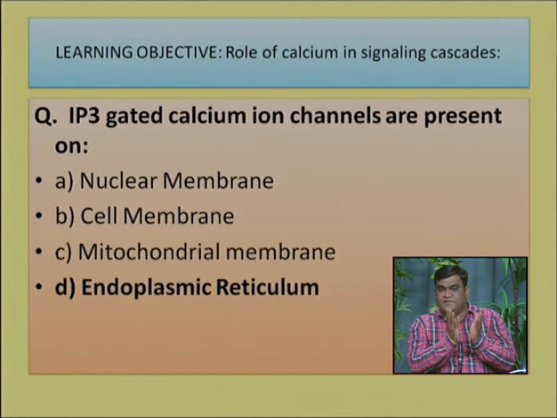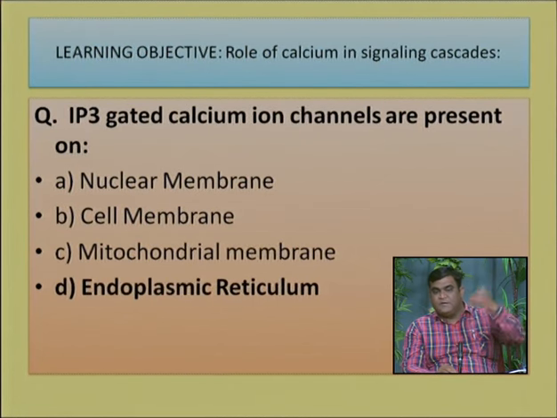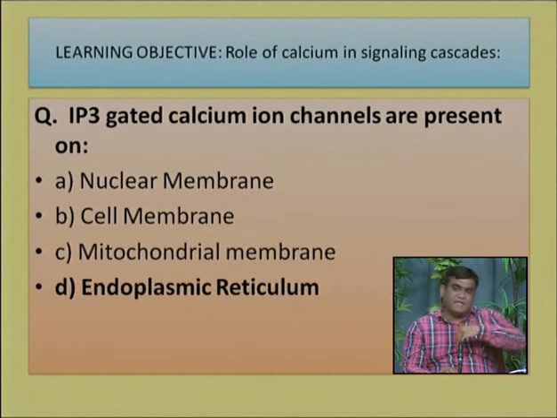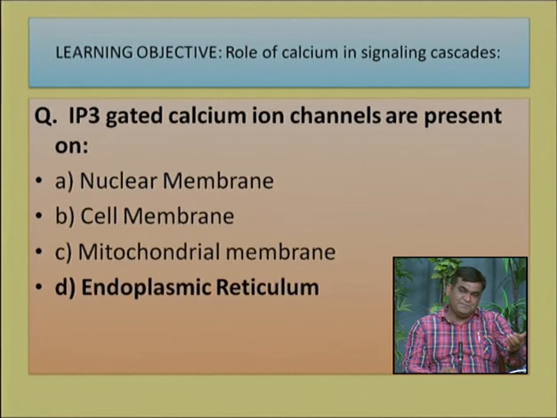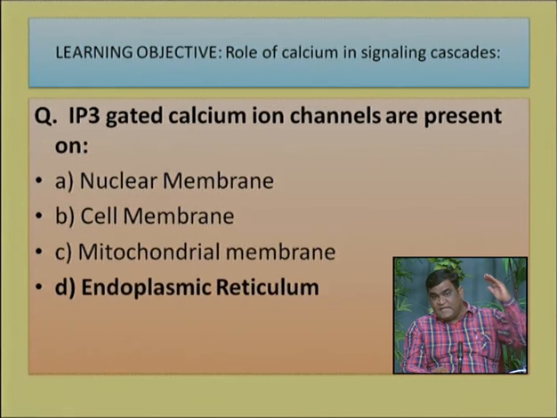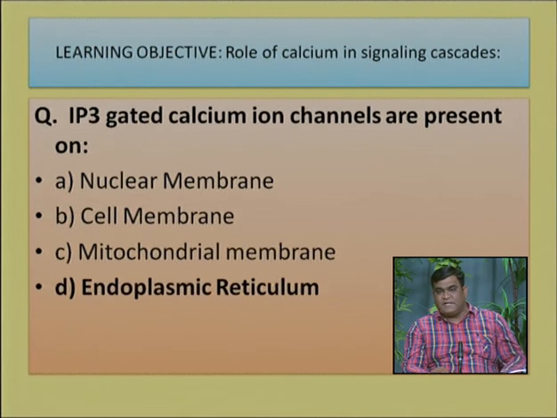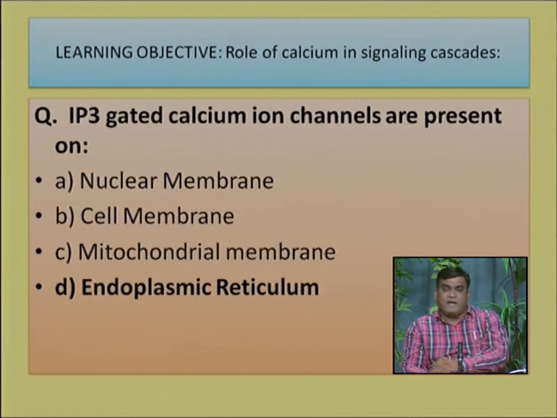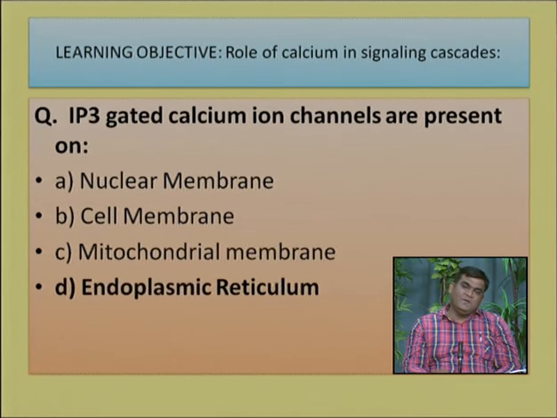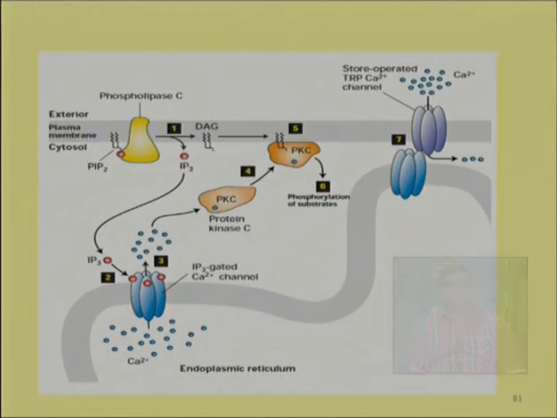These channels will open up and calcium will come from the endoplasmic reticulum into the cytosol. Whenever the calcium ion concentration increases to a toxic level, the calcium will be pumped back into the lumen of the reticulum. So the right option here is the endoplasmic reticulum, which serves as a storehouse of calcium ions.